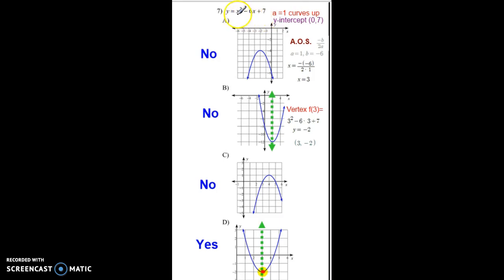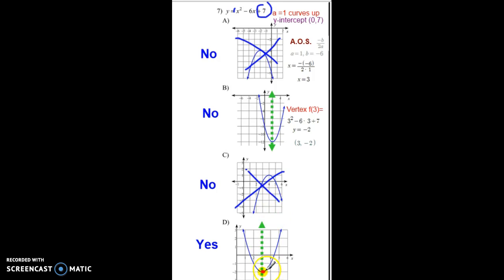So A is 1, so I know it curves up. So that's not the answer. That's not the answer. My y-intercept is 0, 7 because it's standard form. So I am going to find 0, 7 on this graph.